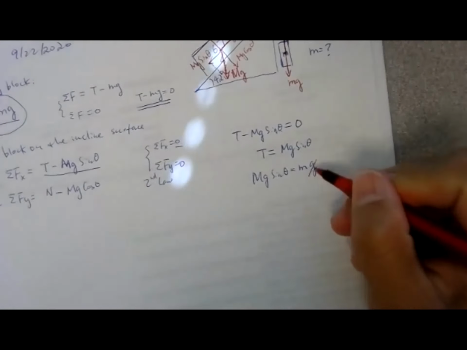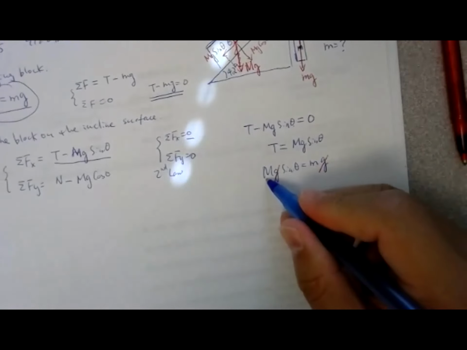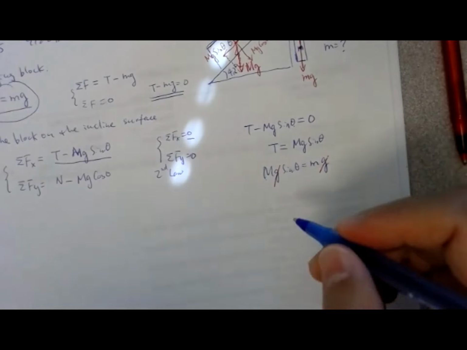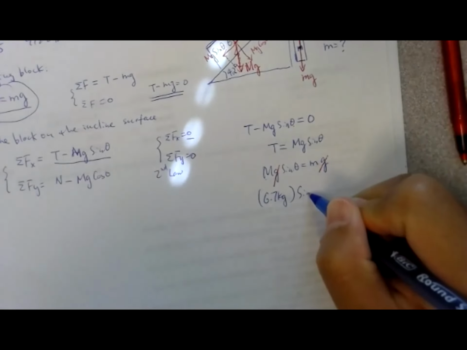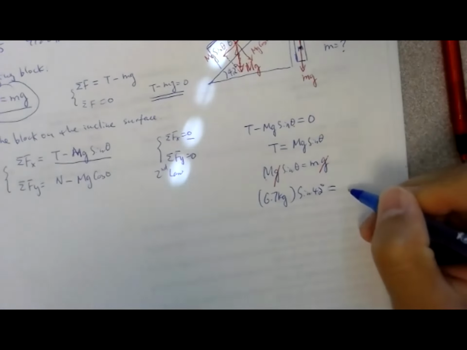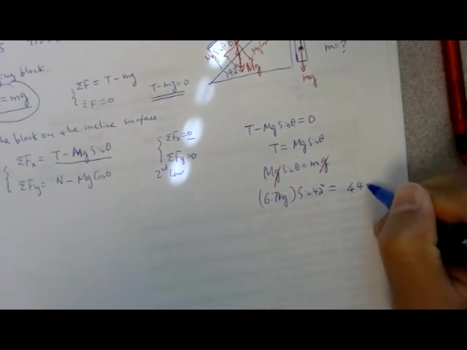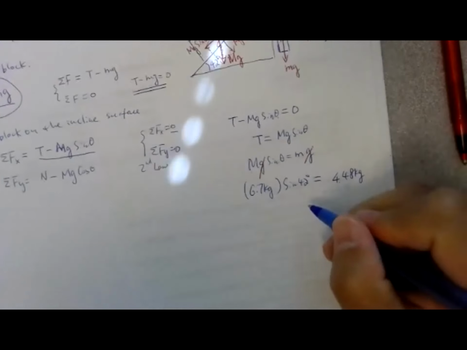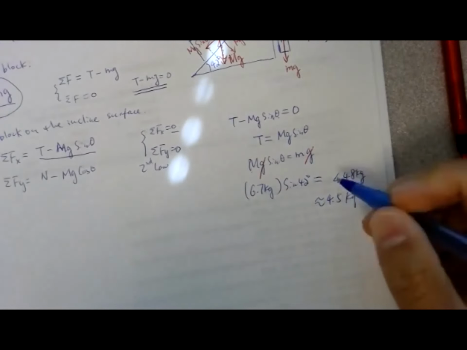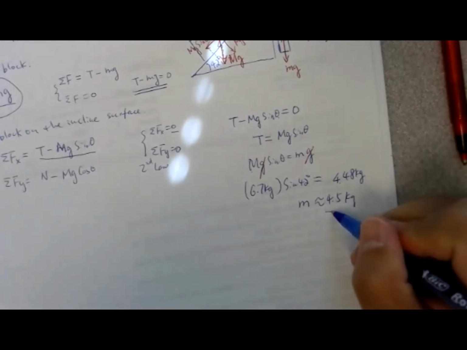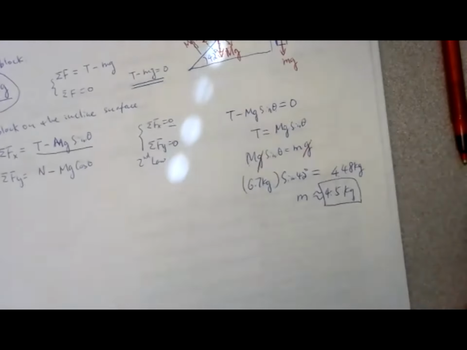So you'll see your g and g will cancel out. All right. Your small m should be equal to capital M times sine of theta. Okay. So then you can plug in your numbers now. Capital M times sine of 42 degrees would be equal to 4.48 kilograms, all right, or 4.5 kilograms. Okay, so this is your small m.